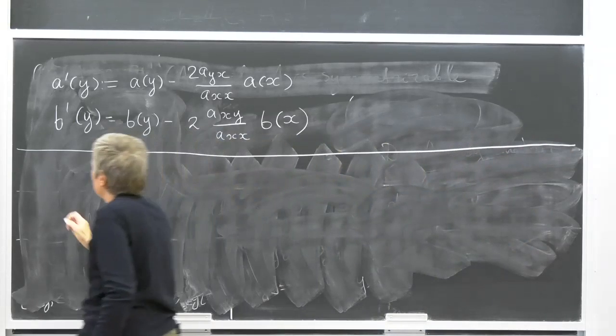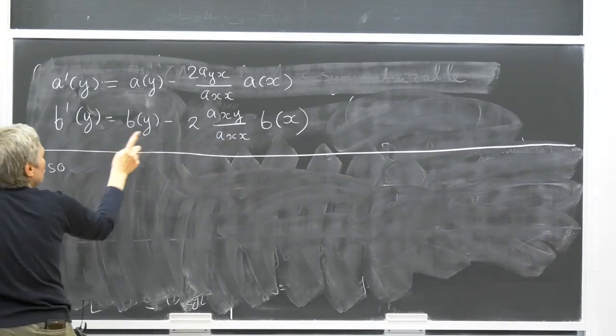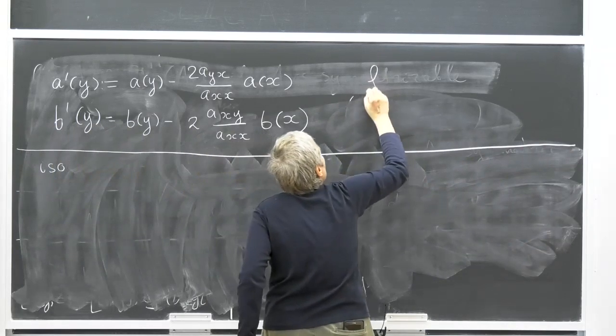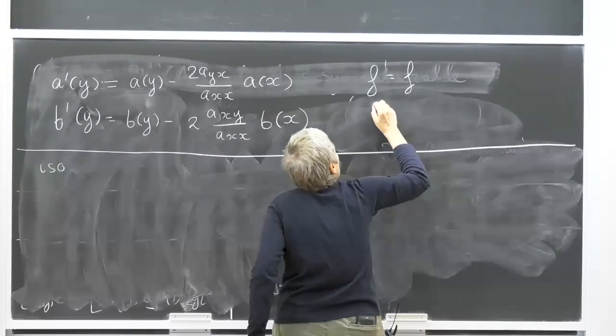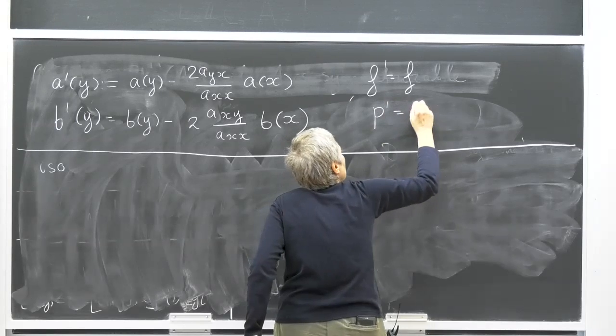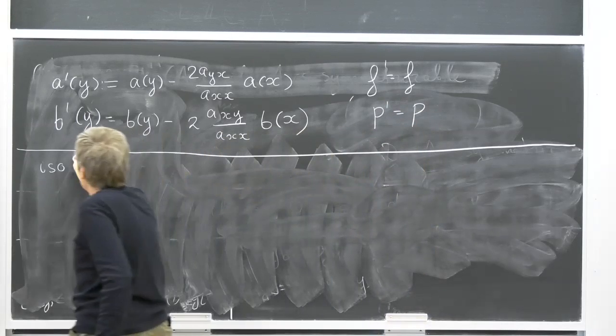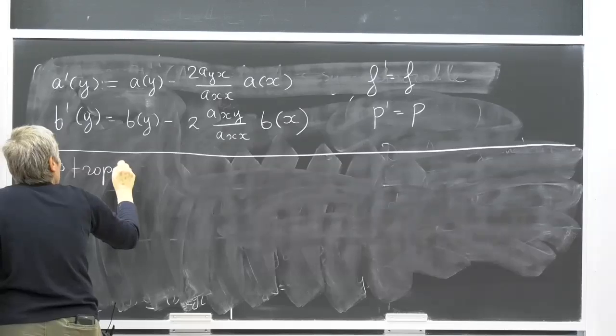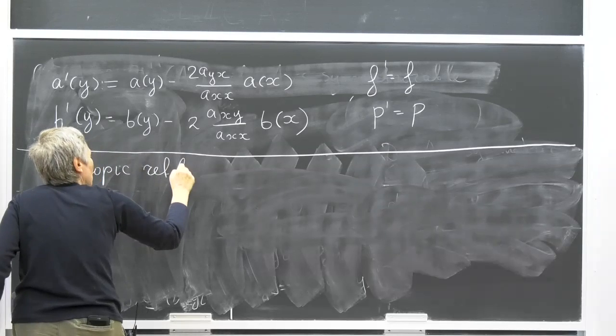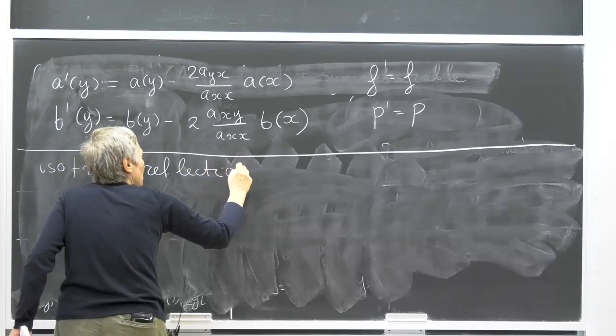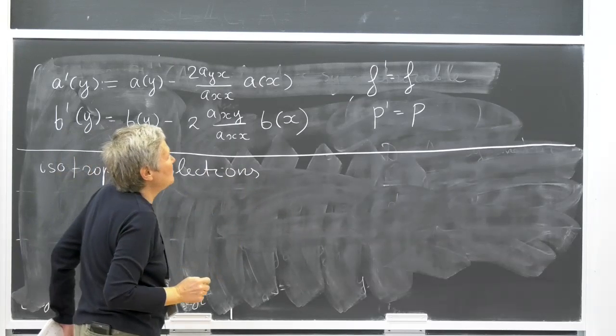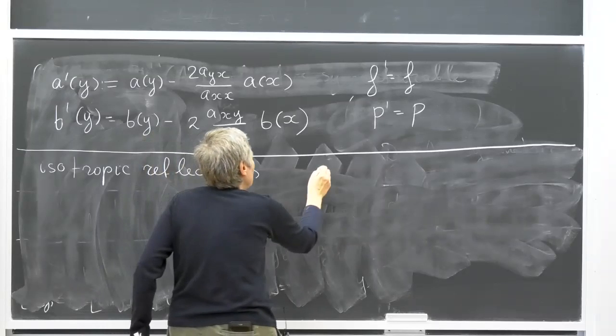Okay, and then we have isotropic. Yes, H prime equals H, and the parity function is preserved. So this is happening if I have 0 on the diagonal.